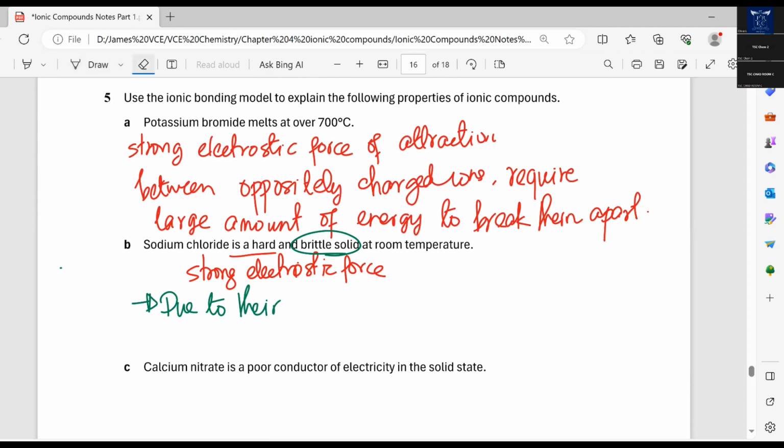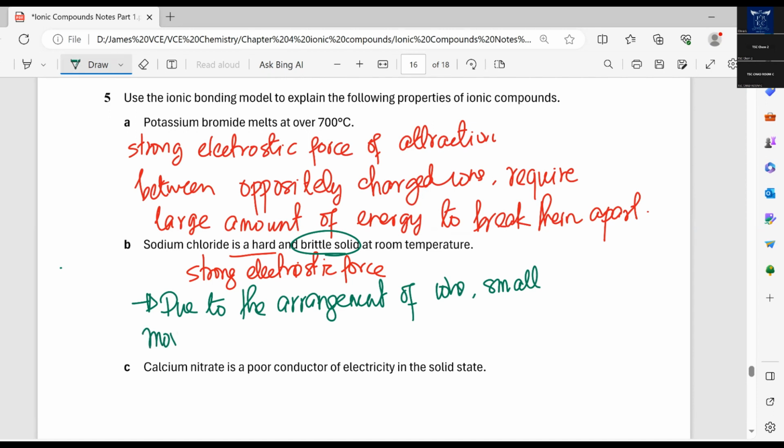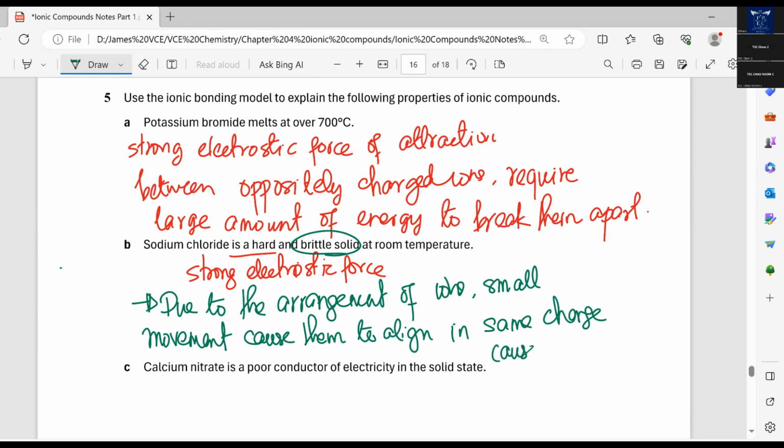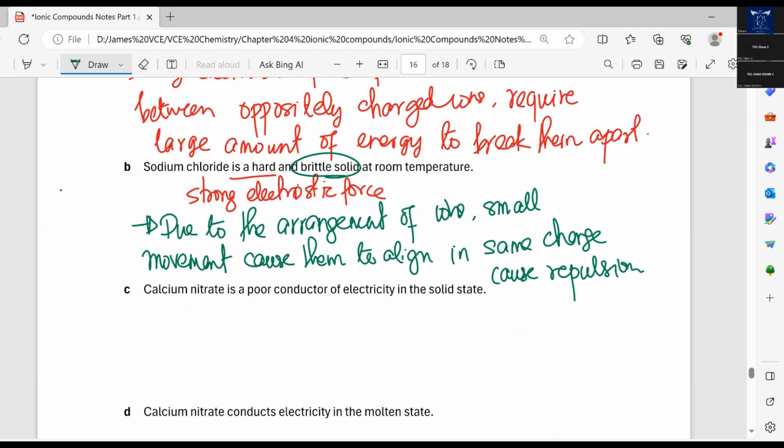A small movement causes them to align with the same charge, causing repulsion. So it is brittle because of that.